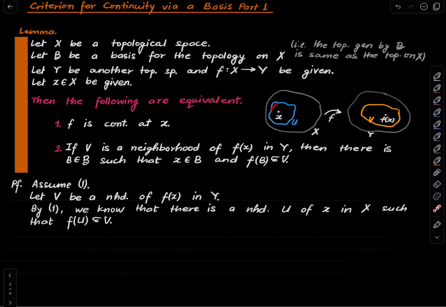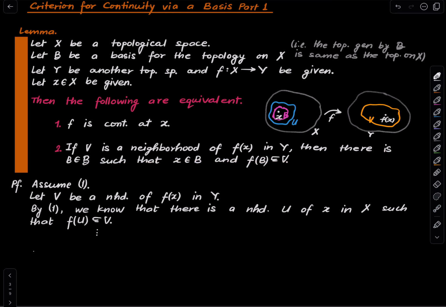So every element of the topology is the union of some elements of the basis, and therefore there is a basis element which is inside U and which contains X. Because U is the union of some of the basis elements, there has to be one basis element which contains X and is contained in U. Just call that basis element B, and that's it. So B will satisfy the requirement of the second statement. I'm not writing the textual details, you can fill them in.